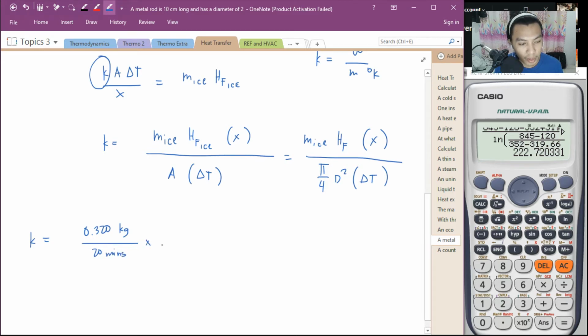It should be in seconds to become watts: 1 minute, 60 seconds, for the mass. And then HF is 335 kilojoules per kilogram.